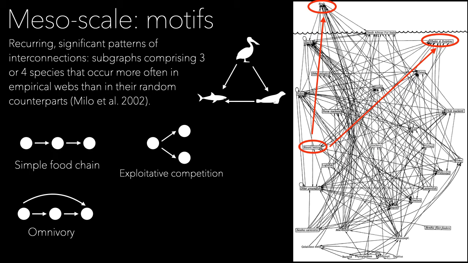Here, we can see another very important concept in food webs, which is the indirect effect.